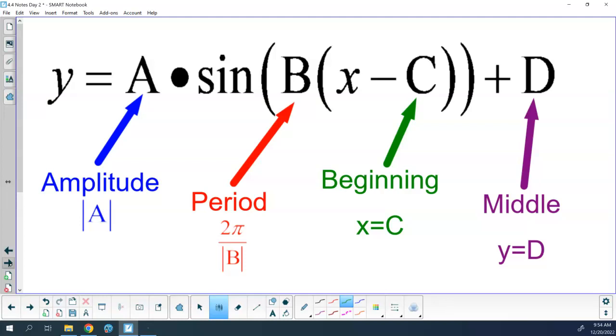So we start at C. Now, the one thing that I will tell you about the start is, because it's in a set of parentheses with a subtraction, we have to think oppositely.